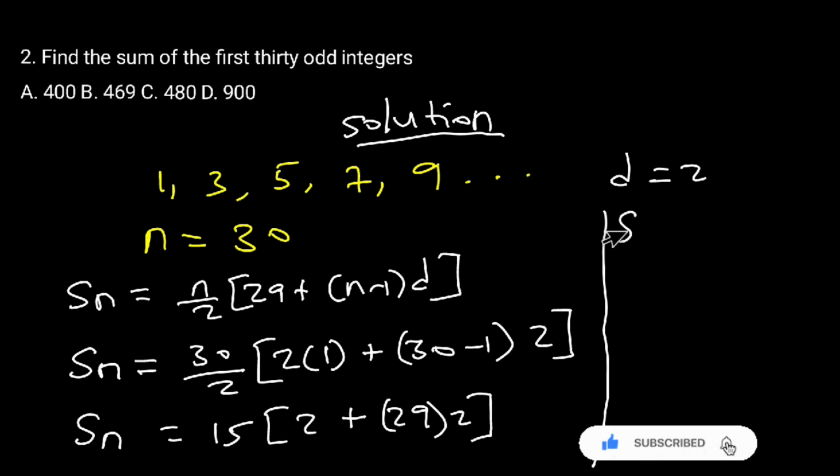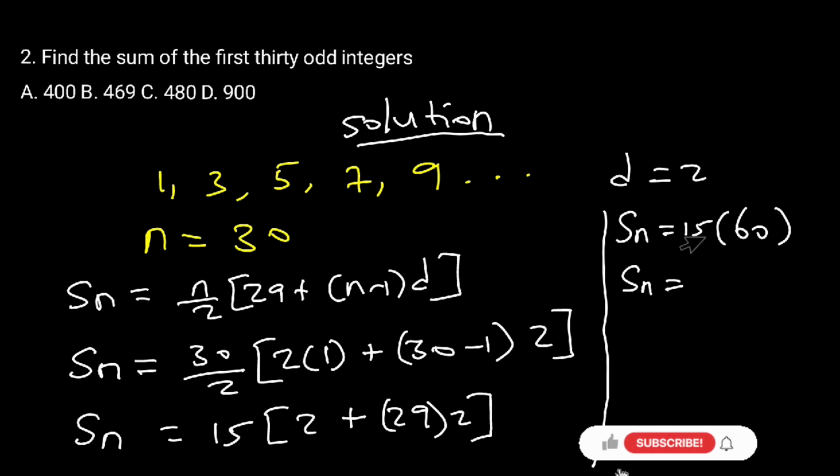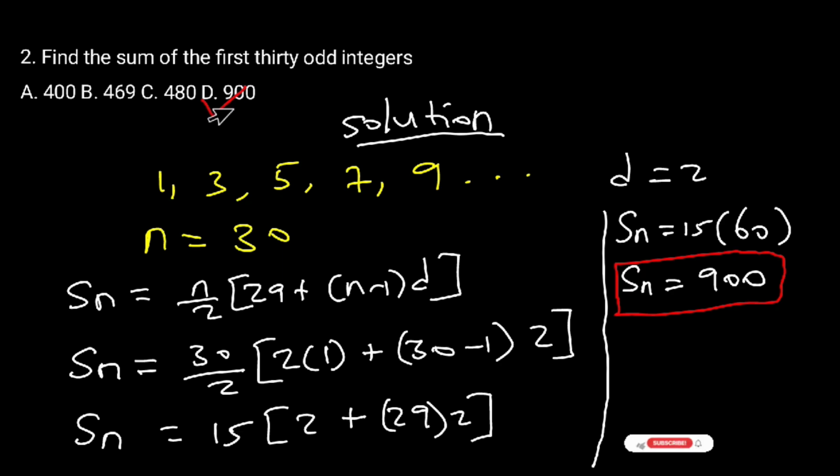So we have the sum of these terms equal to 15 times 2 plus 29 times 2. This is going to give us 60. Then we have Sn is equal to 15 times 60. This is going to give us 900. So we have that the sum of the first 30 odd integers is equal to 900, which is option D.